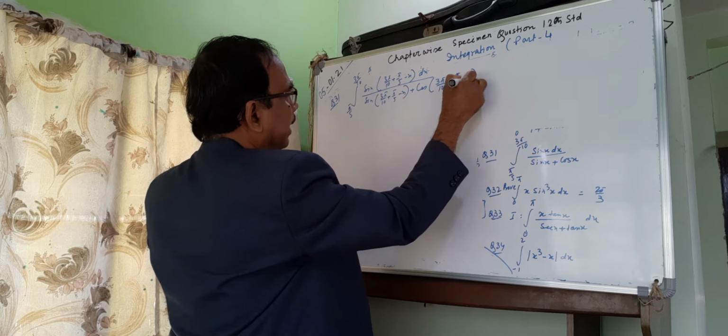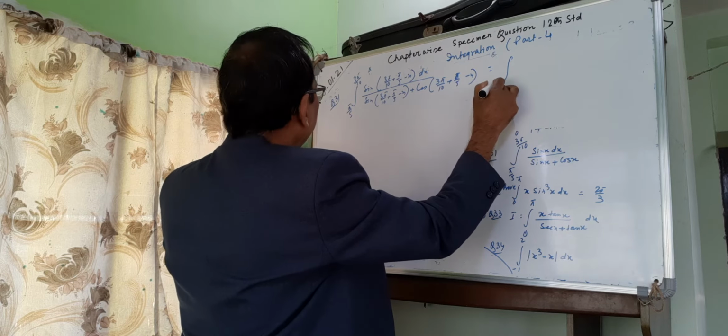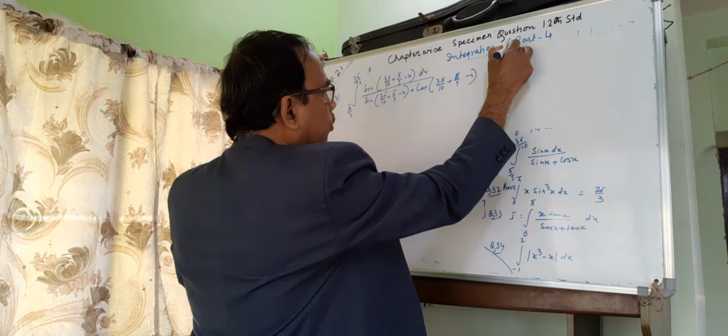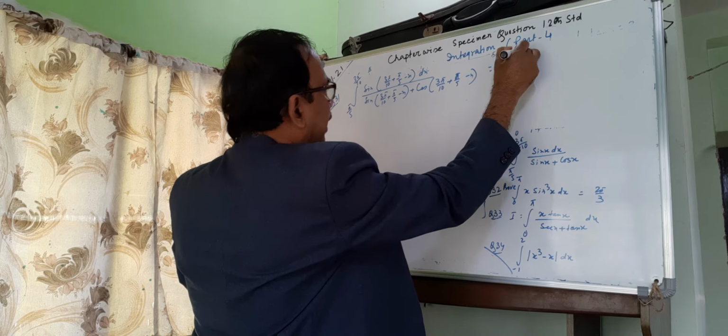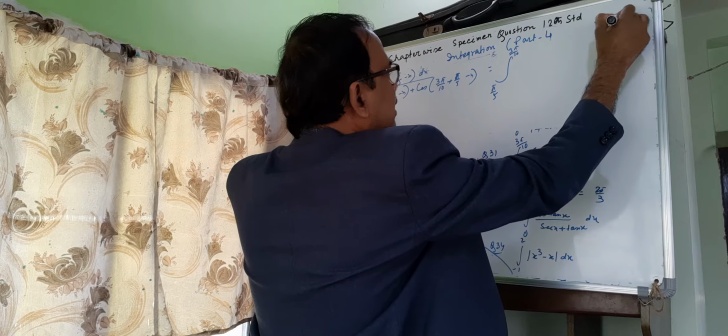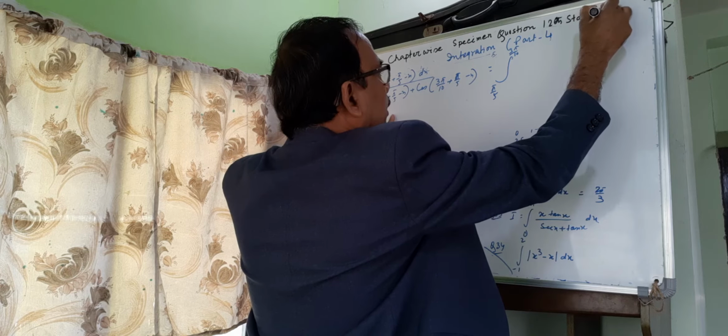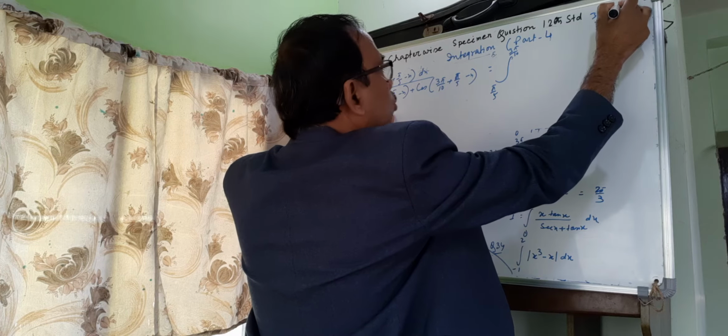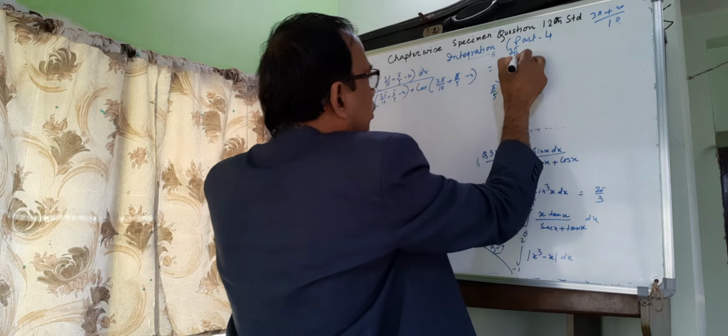equals pi by 5 to 3 pi by 10. Value of this: 10 is LCM, 3 pi plus 2 pi, that is pi by 2.